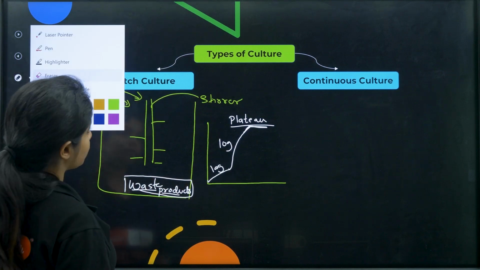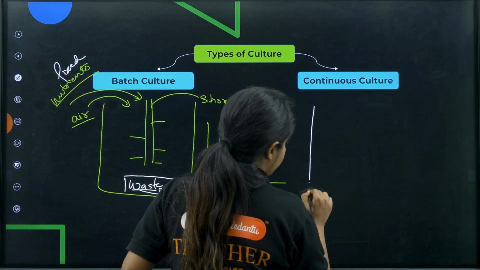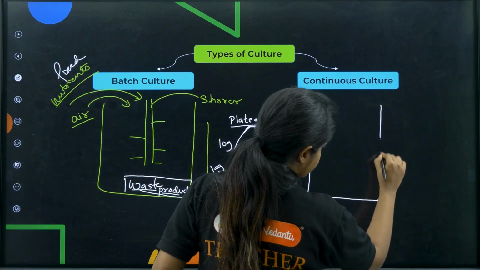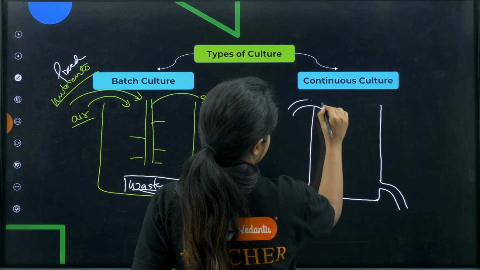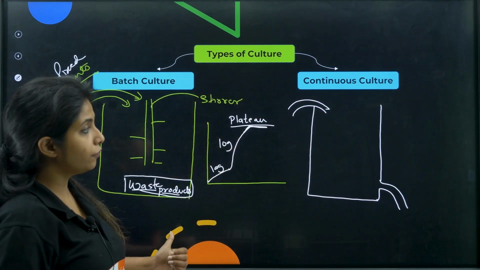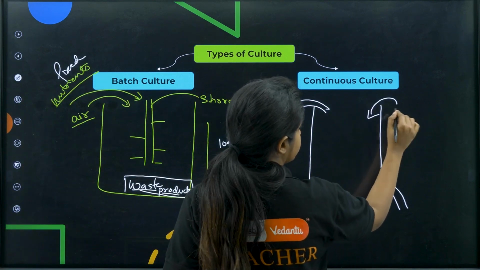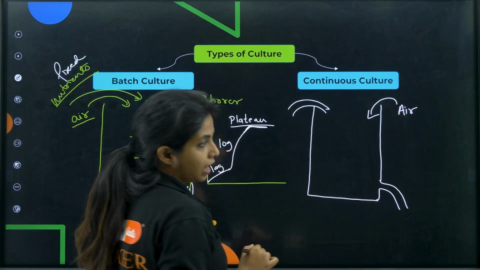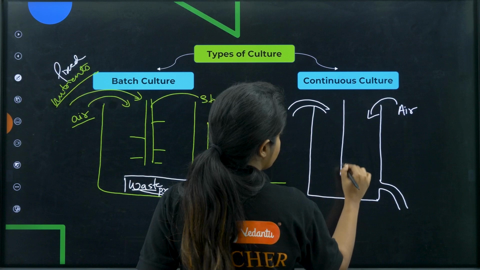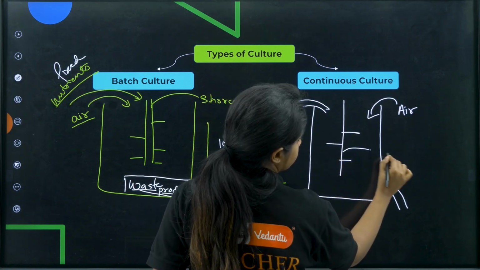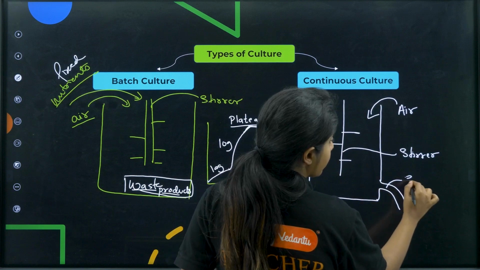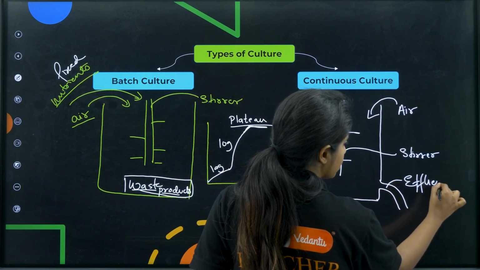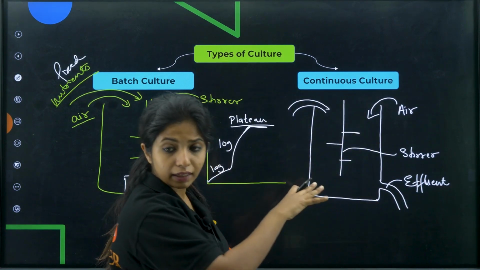Now there is one more type of culture where the thing is quite different. The difference is that I am still providing air. There is a thing to stir things up. There is an effluent discharge. Effluent means whatever is made has to move out.